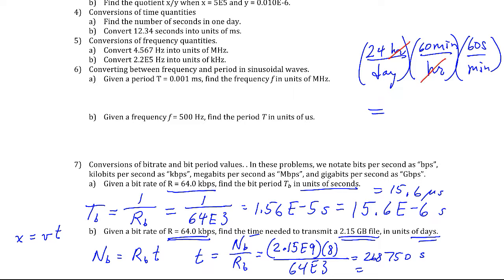Hours cancel, minutes cancel, and we're left with seconds per day. And the number we get when we go 24 times 60 times 60 is 86,400.